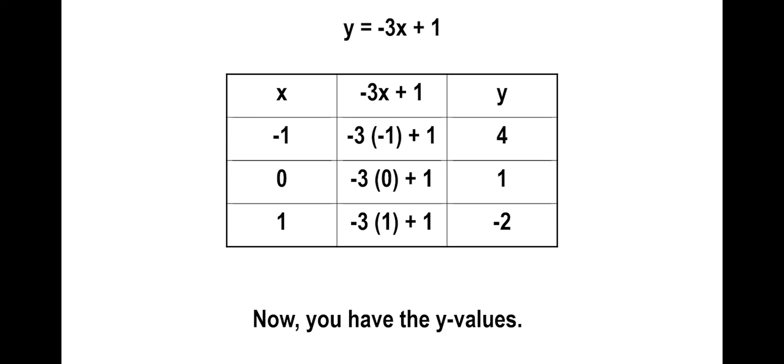So when we plug in x values in the equation, with x equals negative 1, we have negative 3 times negative 1, which gives us positive 3. Positive 3 plus 1 gives us 4.